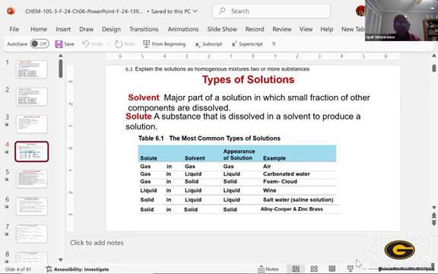Normally, properties of the solution are closer to properties of the solvent because it's the major component. Solute is not the one that decides the physical state or properties of the homogeneous solution.